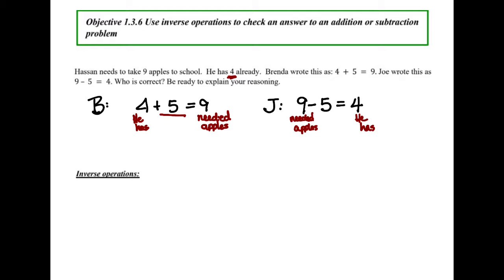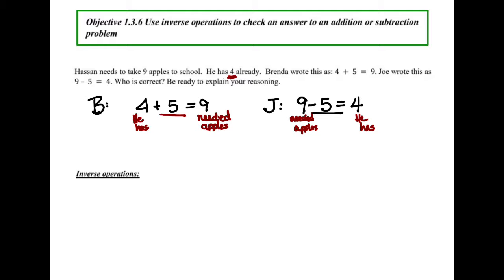So how do you explain this one? If he needed 9 and he has 4, you subtract 5 to get to 4. That's not exactly the most logical way of doing it, but it is correct.